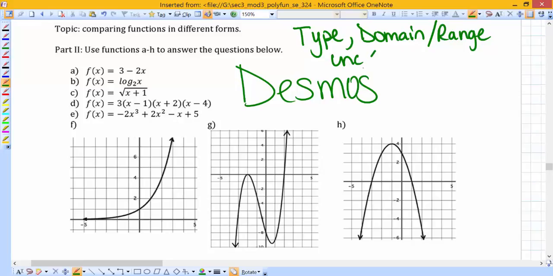I want where it's increasing and decreasing. I want max, min. I want intercepts, both x and y. I want end behavior.